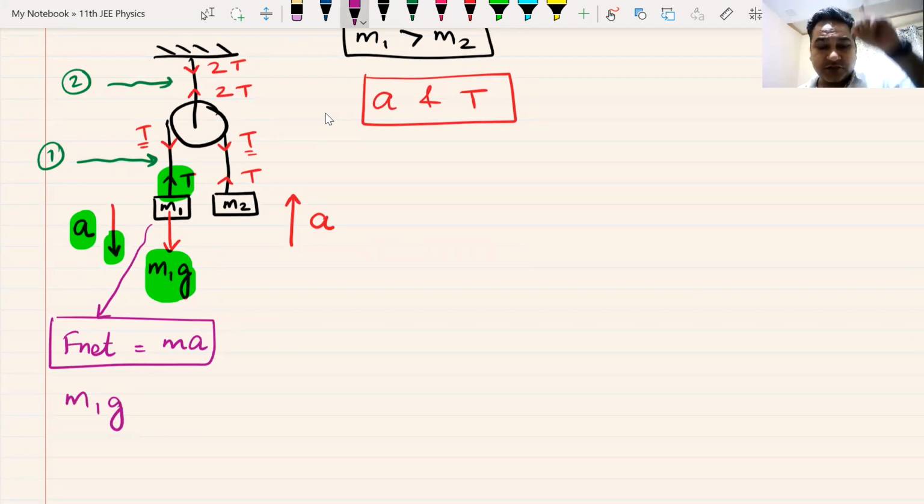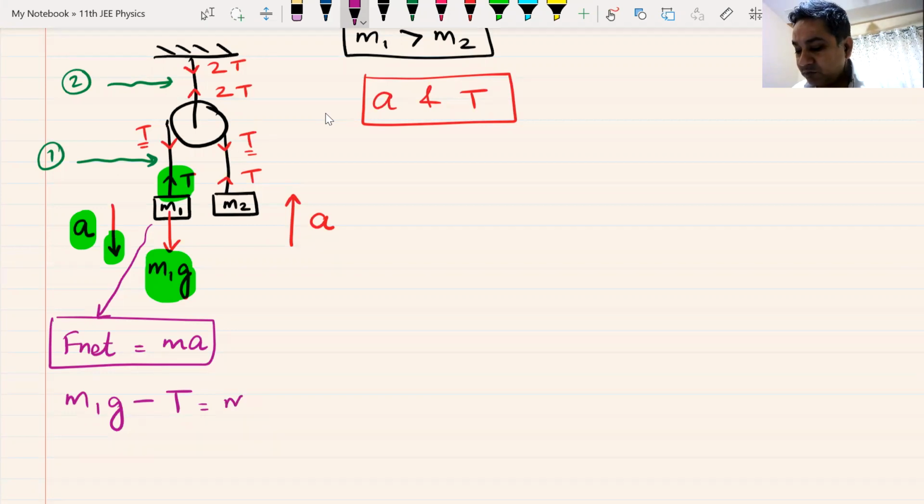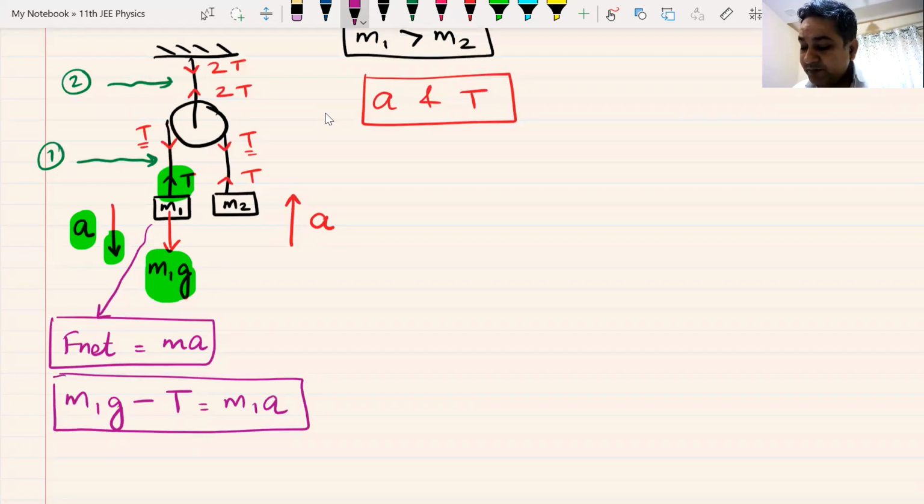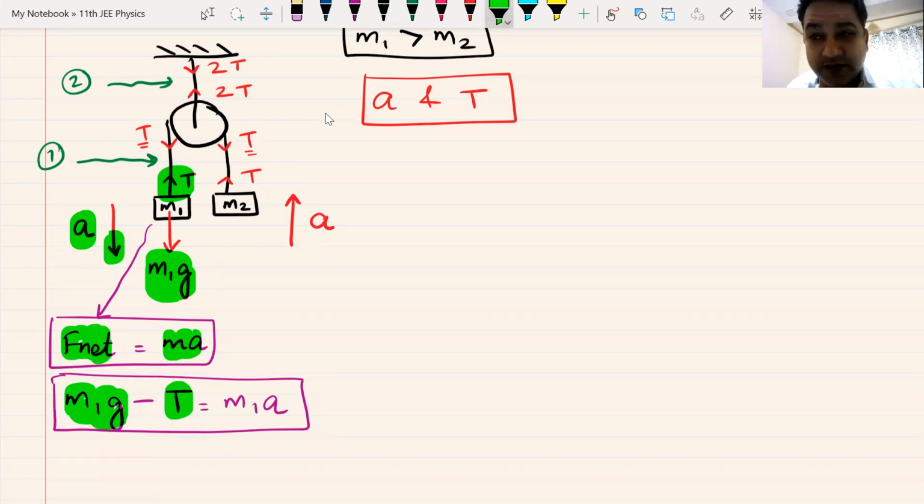There is an upward force, so it's subtracted, minus T. Downward minus upward is equal to M1A. That becomes the equation of this block: M1G minus T equals M1A.